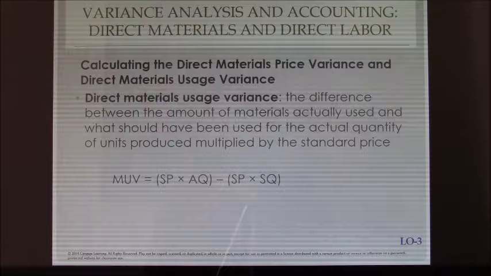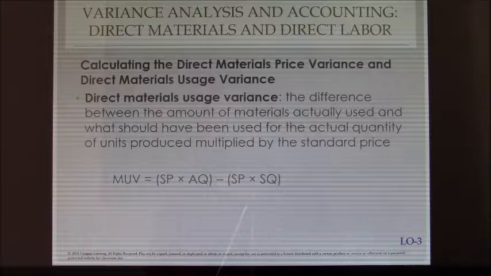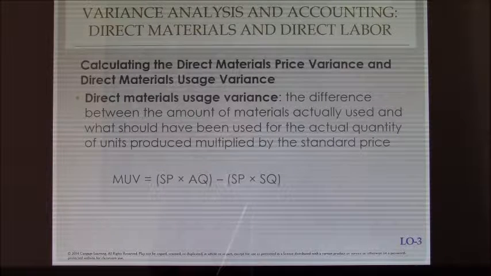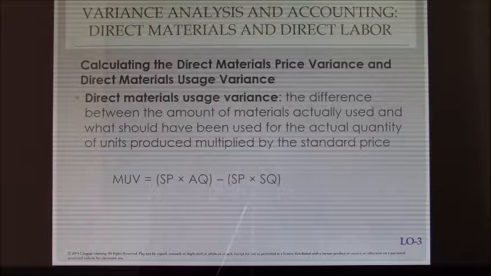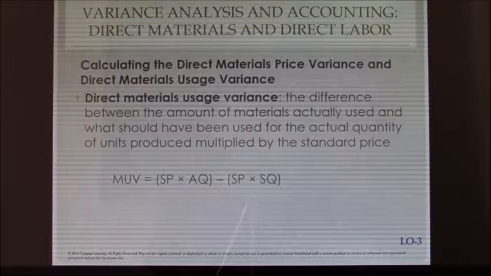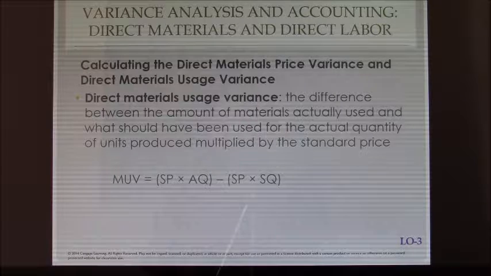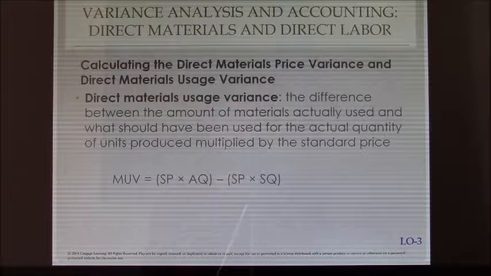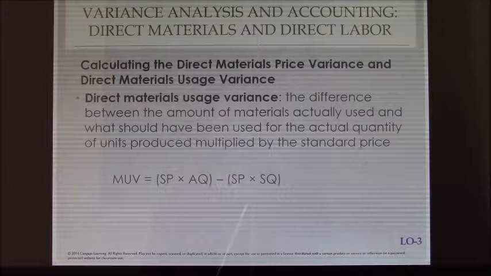We may have started making our yogurt and said, oh my gosh, some of these strawberries are bad, or they don't look pretty or whatever. Go get some more out of direct materials, and we'll use a few more of these better ones. So you can have a usage variance. The quantity of materials is different from the standards.